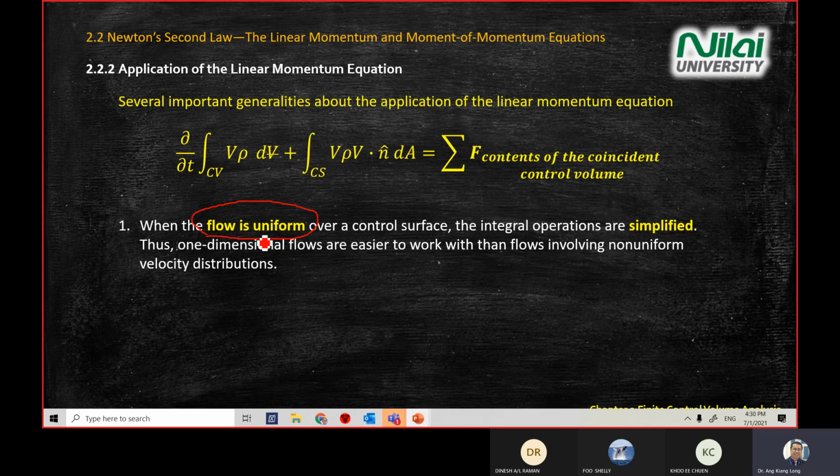Once you see the words uniform flow in the question, you can simplify the equation above, especially when it comes to integration steps. So when the flow is uniform, or the statement mentions the flow is uniformly flowing into the vessel or something, then you can simplify the integration process.